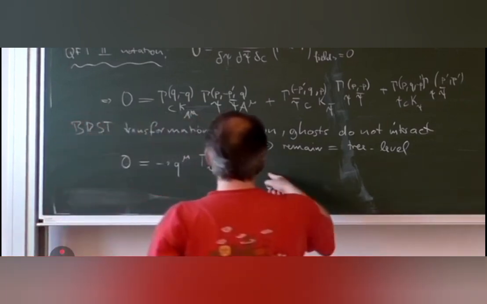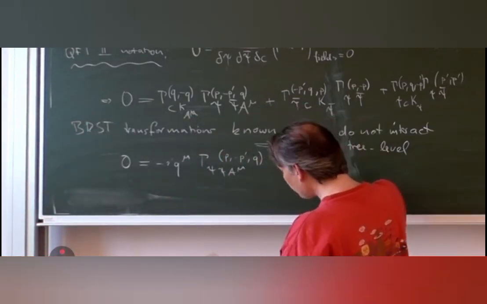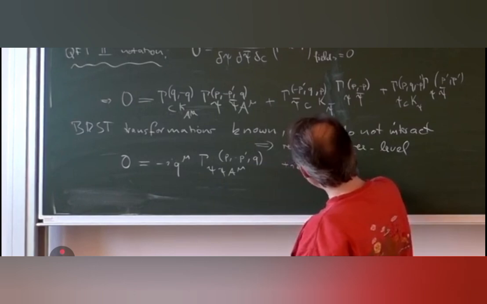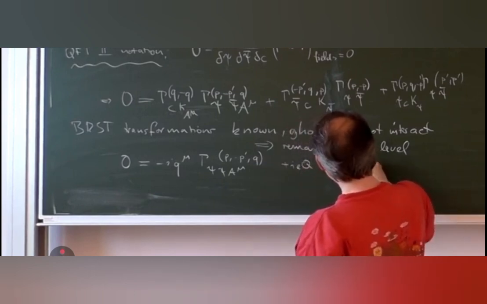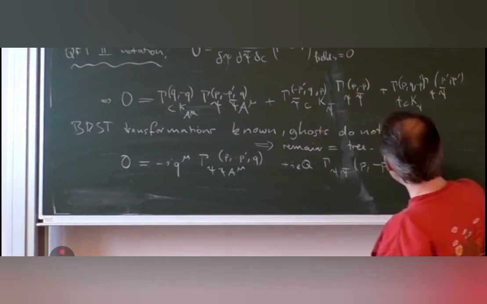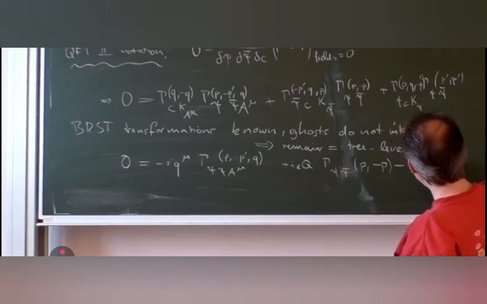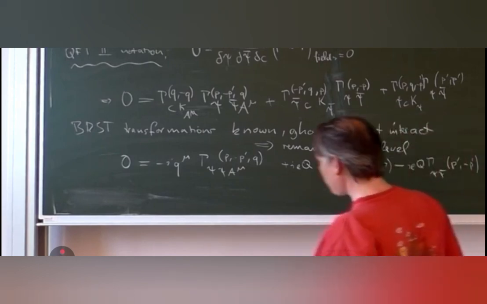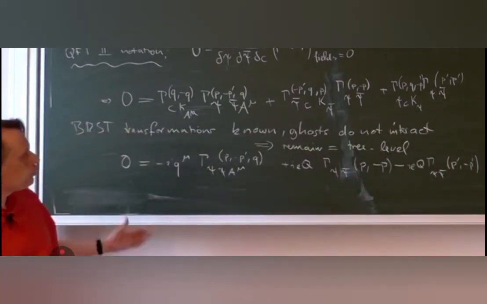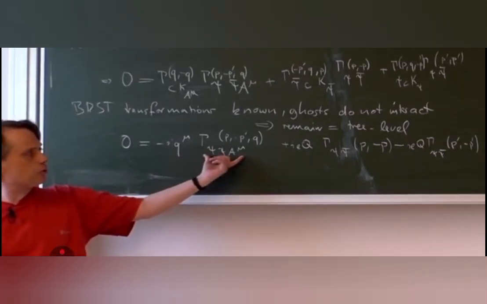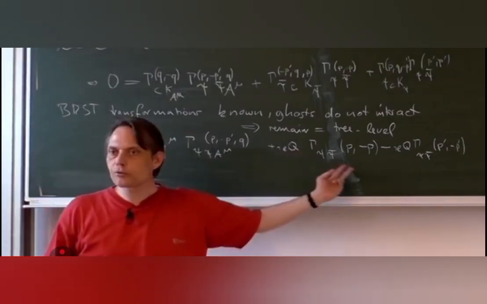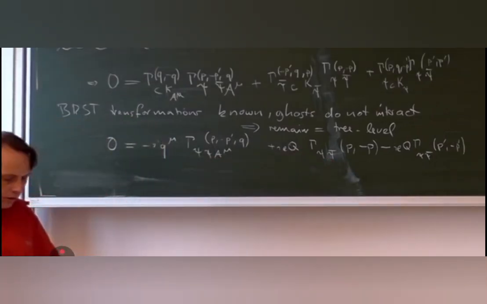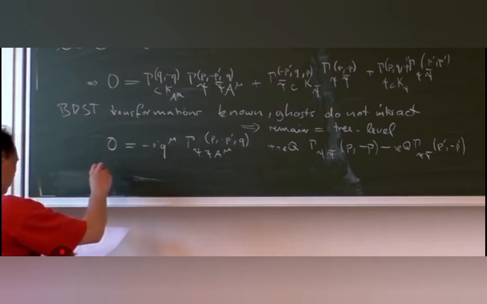This is exactly our desired 3-point function, plus i e q times gamma psi bar psi at p, minus i e q gamma psi bar psi at p prime. And this is now a nice identity which correlates the 3-point function photon electron electron with the electron self energy, with known prefactors. Let me write it also in a graphical way.